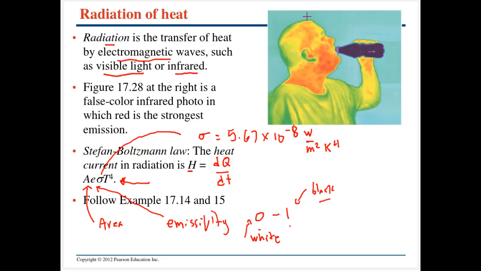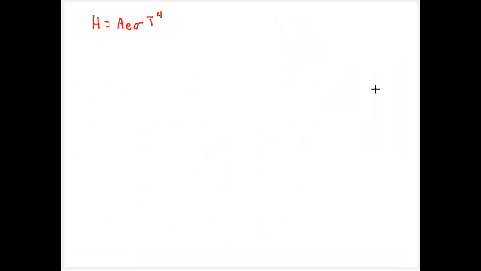energy. You can see in this thermal imagery, this fellow, he's going to be 98.6, he's going to be fairly hot. This Coke that he's drinking is going to be fairly cold, so he's going to emit a lot more radiation than his bottle of Coke right here. This expression for heat flow from radiation is also going to apply to absorption of heat energy in the form of radiation.